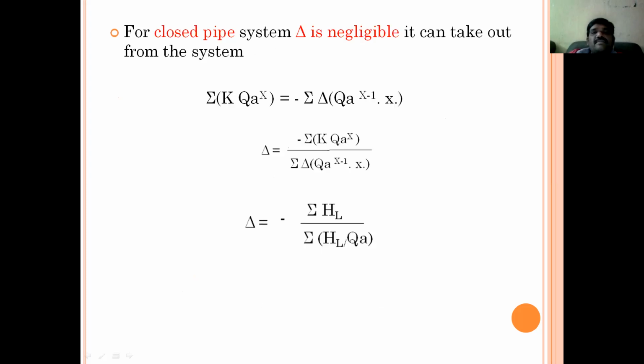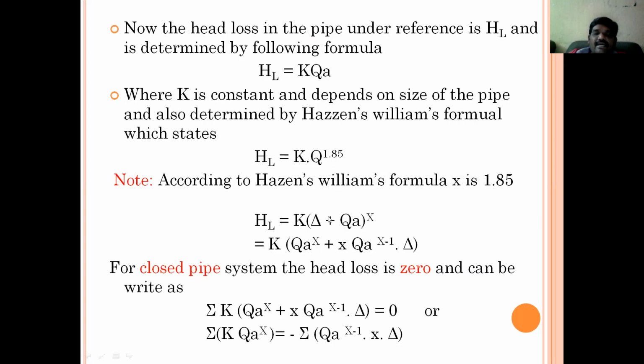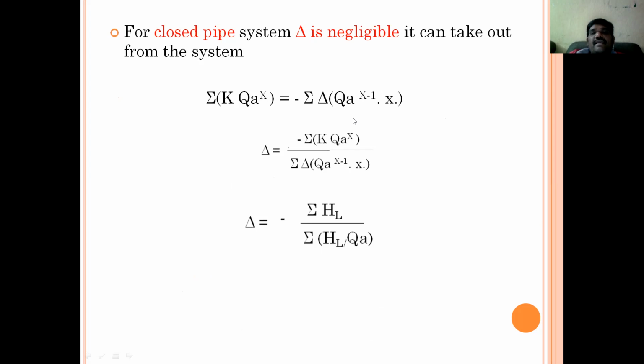And then for a closed pipe system, delta is negligible. It can be taken out from the system. Once we take off this delta, the equation will be like this, where delta is minus sigma K into QA power X by sigma K QA power X minus 1 into X. And ultimately, this is the equation for the Hardy-Cross method.